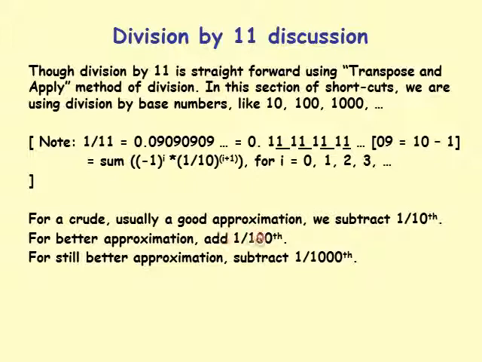For further better approximation, we can subtract a thousandth and add a ten-thousandth. So the first approximation, usually good, is to subtract a tenth. That means we truncate the series right here. For still better approximation, we subtract a thousandth here. That means we truncate the series here.